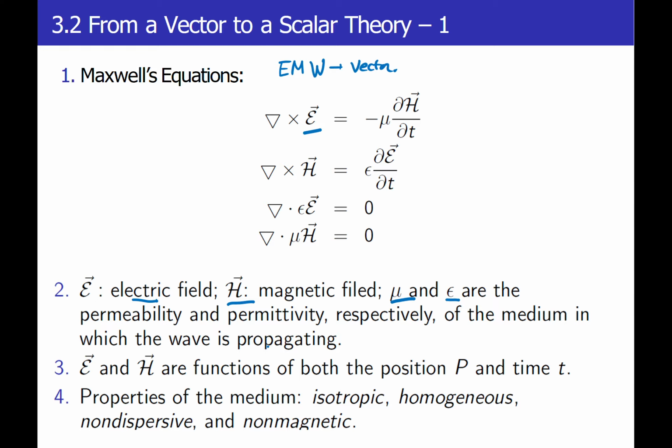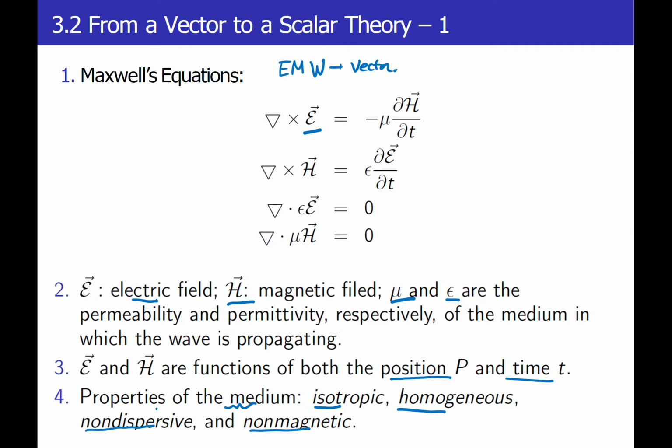Okay. And we all know that the electric field vector and magnetic field vector are functions of both the position P and time, so space-time. And then we are going to assume that the medium is isotropic, that means there's no direction dependence, it's homogeneous, non-dispersive, and non-magnetic.